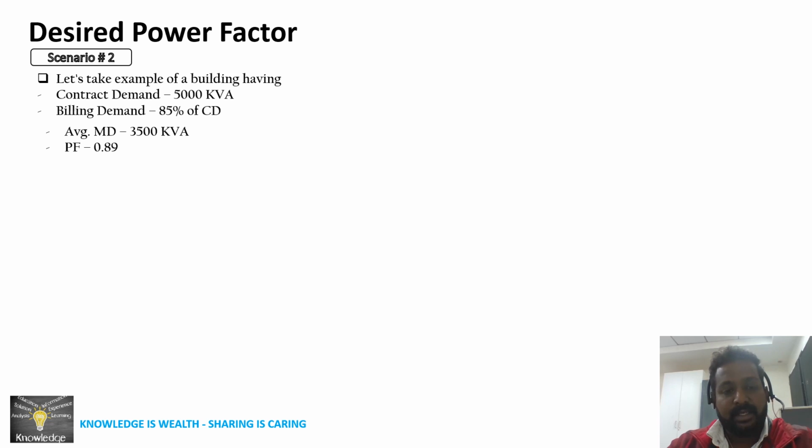Like I said, we'll be discussing this more in the case study. For better understanding, let's take one more scenario. Scenario two: let's take the same example for easy calculation. For this building, the contract demand is the same 5000 kVA and the billing demand is 85% of contract demand, but the maximum demand is 3500 kVA and the building is operating at 0.89 power factor.